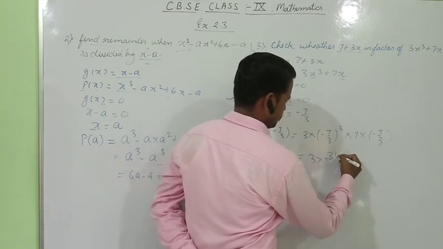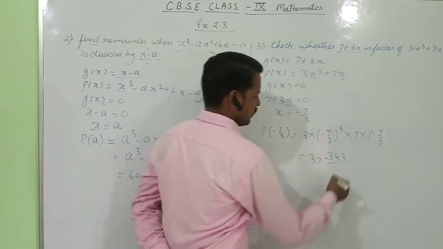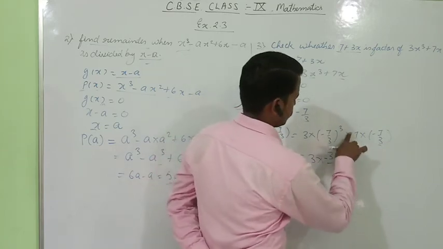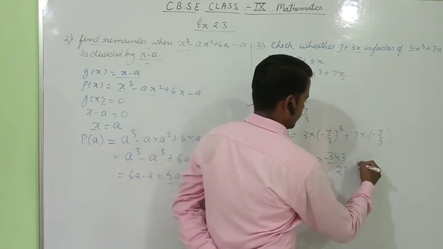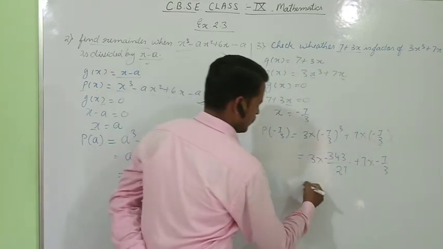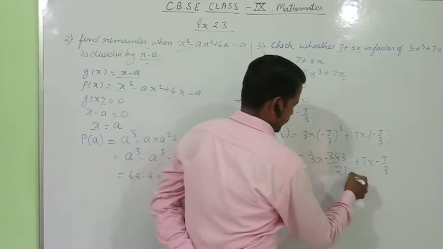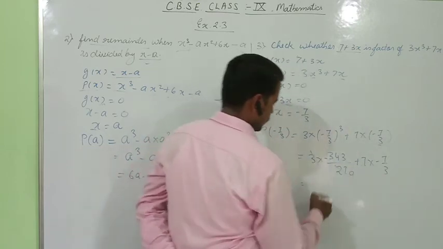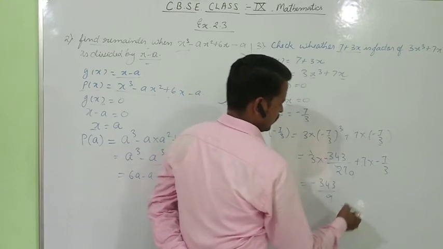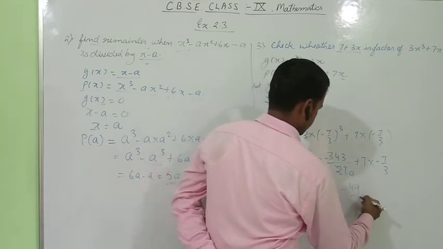That will be minus only. And 3 cube will be 27. Plus 7 into minus 7 by 3. Now solve it. 3 nines are 27. So we get minus 343 upon 9, and here minus 49 upon 3.